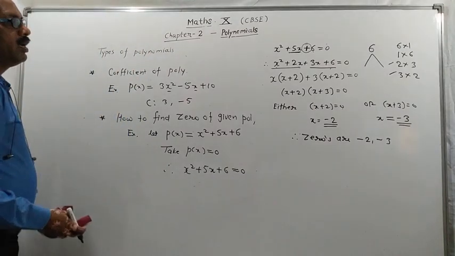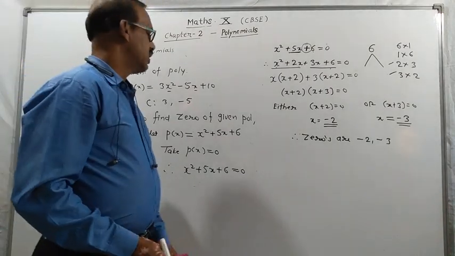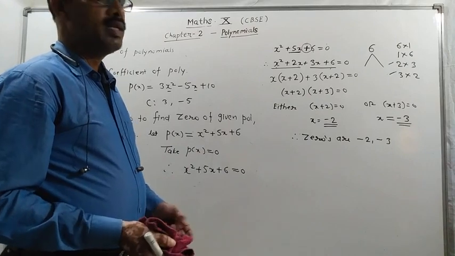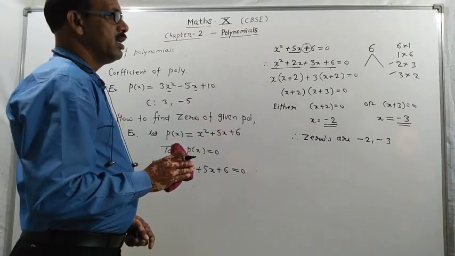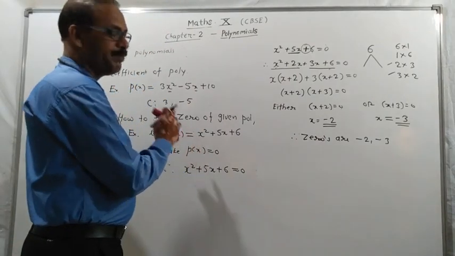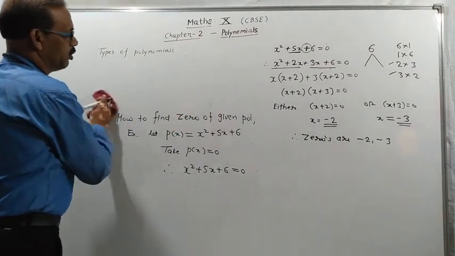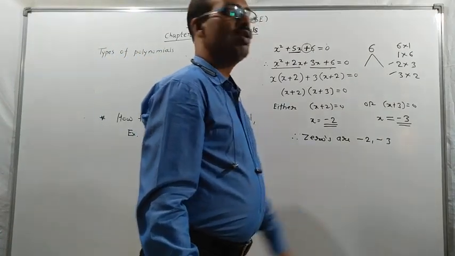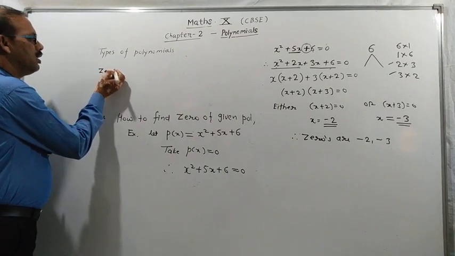Next one, representation. Whether it is a quadratic polynomial or a cubic polynomial, there is a special representation in this chapter for the zeros of a given polynomial. How do we represent it? First, we find the value of the zeros using the factorization method.